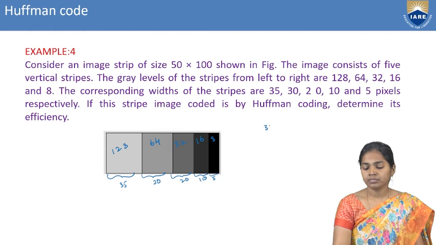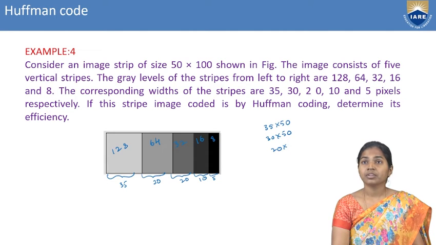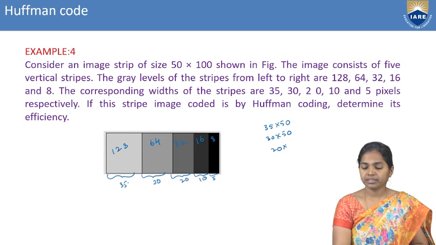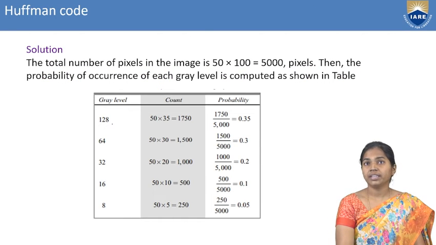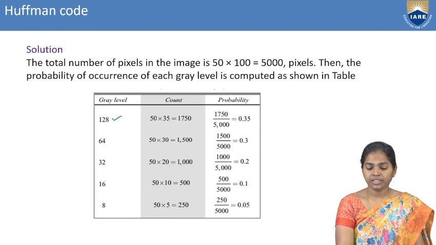Here we multiply the given width into 50. For gray level 128, the width is 35, so 35 into 50.